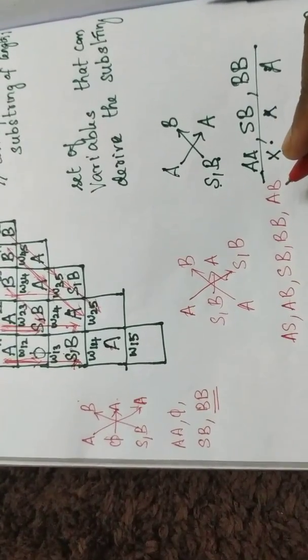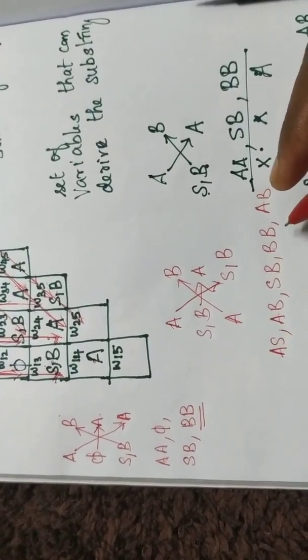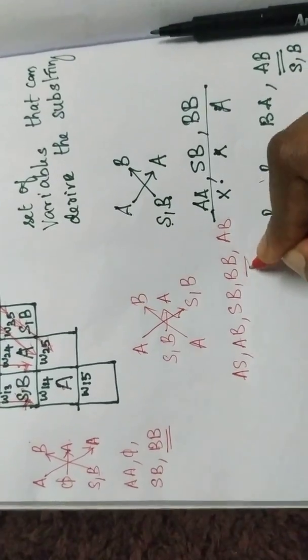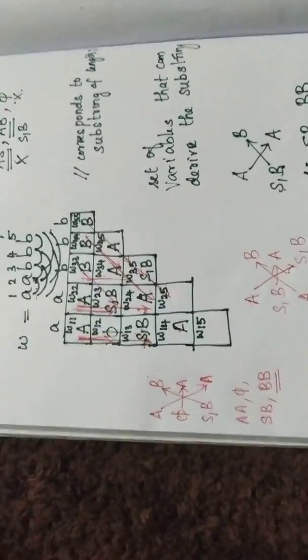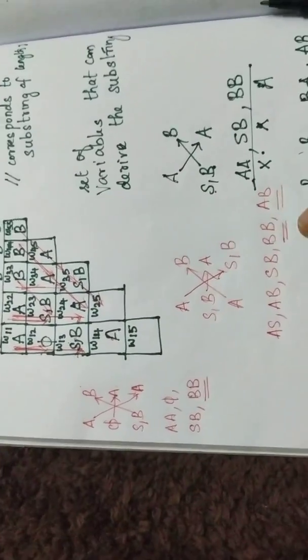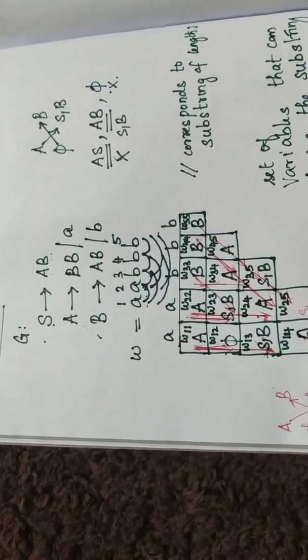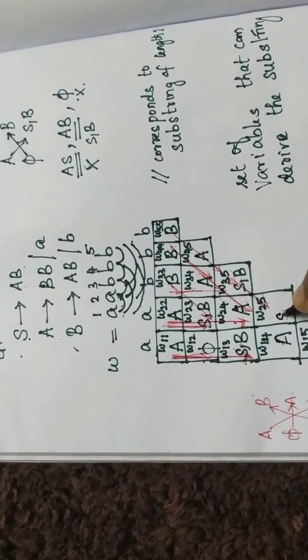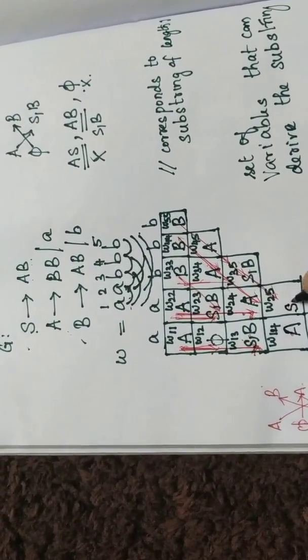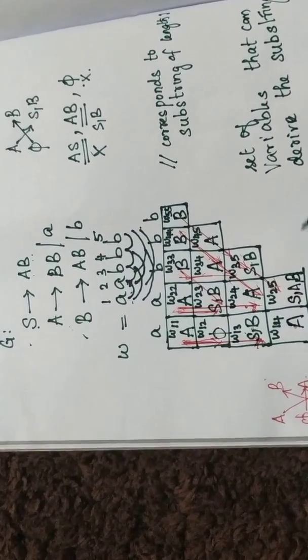From the grammar we can see easily that both BB and AB can be derived by all three, S, A, B.